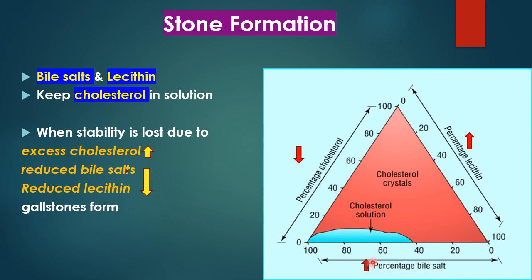So as I said, to keep cholesterol in solution in this safe blue area, you need to decrease cholesterol, increase bile salt, and increase lecithin. When the stability of the components is lost, the cholesterol goes into the red area, which is known as lithogenic bile.